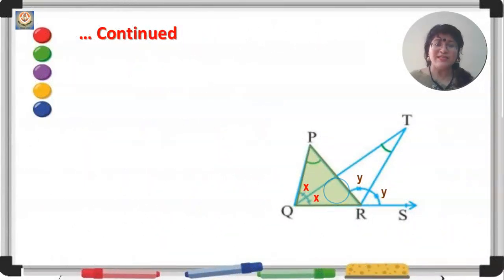Now, we will consider another triangle, that is triangle PQR. Now look at triangle PQR. Which is the exterior angle of this triangle PQR? It is angle PRS. So use the theorem. Angle PRS is the exterior angle of triangle QPR.